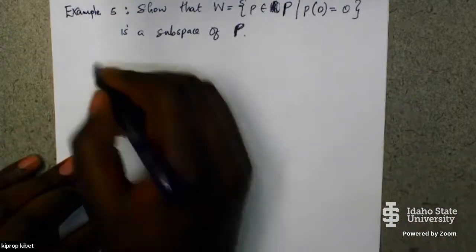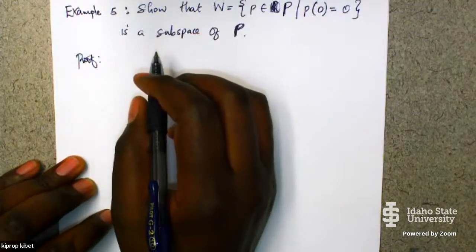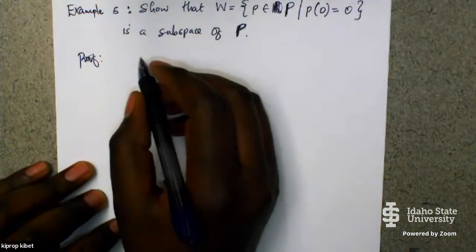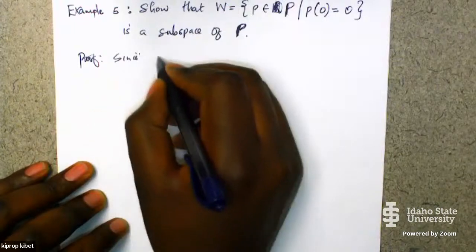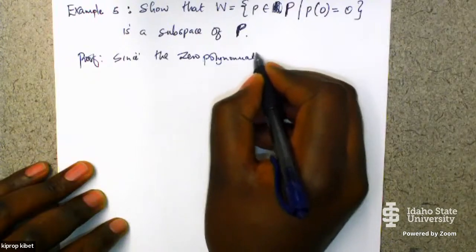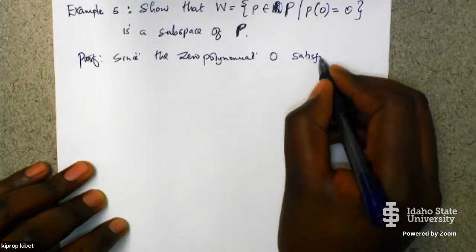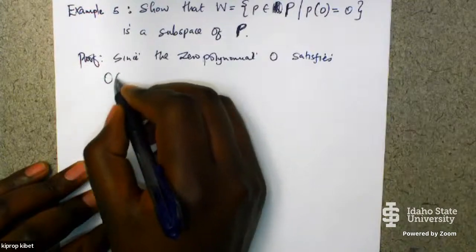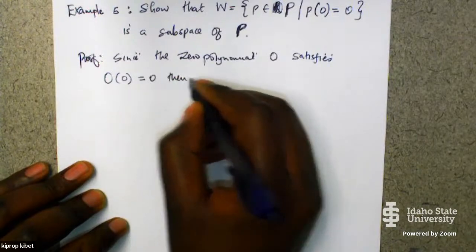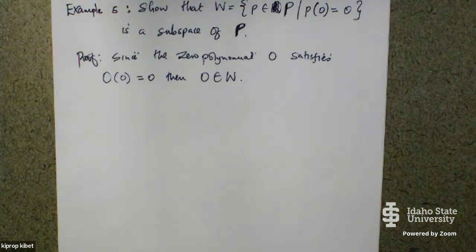Since the zero polynomial, which you can write like that, capital zero, satisfies zero of 0 equals zero, then the zero polynomial is an element of W. So that is the first part.